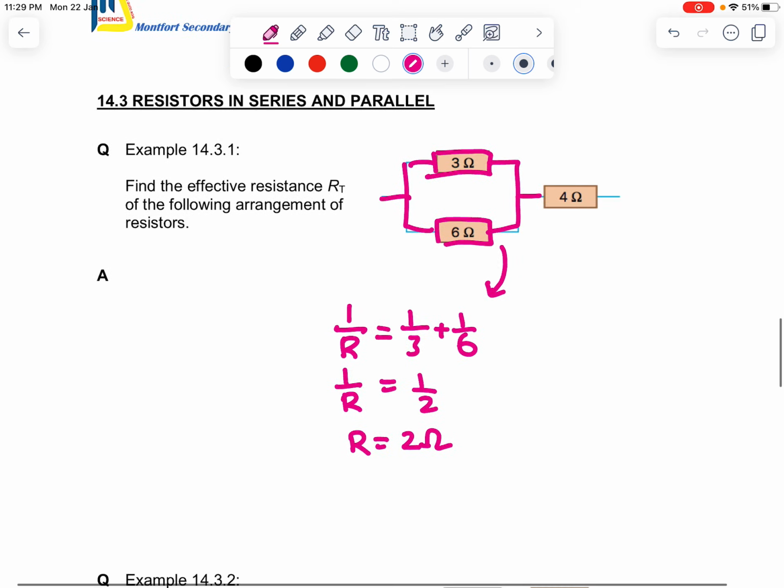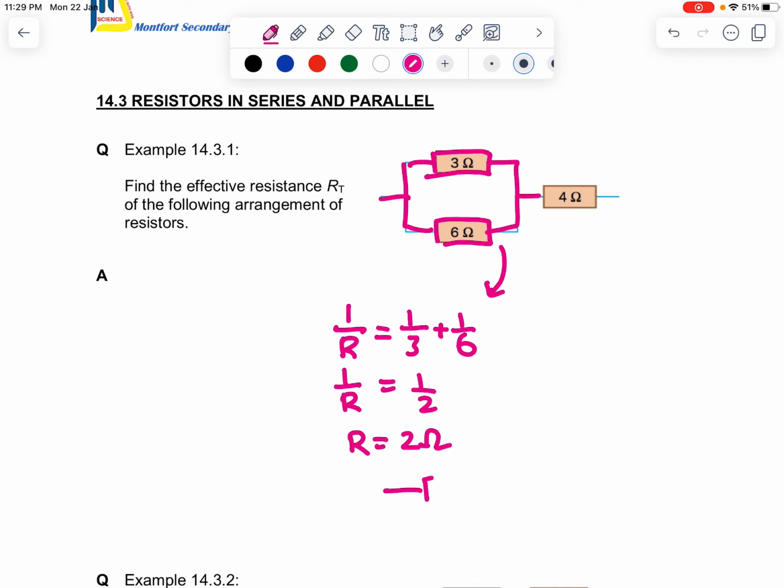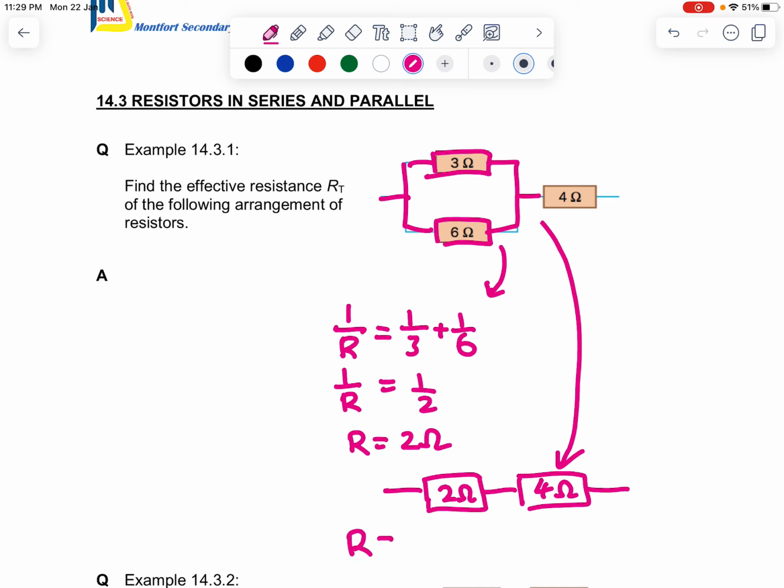So I can redraw the diagram as this. 2 ohms, 4 ohm. See the diagram like this. And now since it's in series, it's much simpler. R equals 2 plus 4 equals 6 ohms. Done.